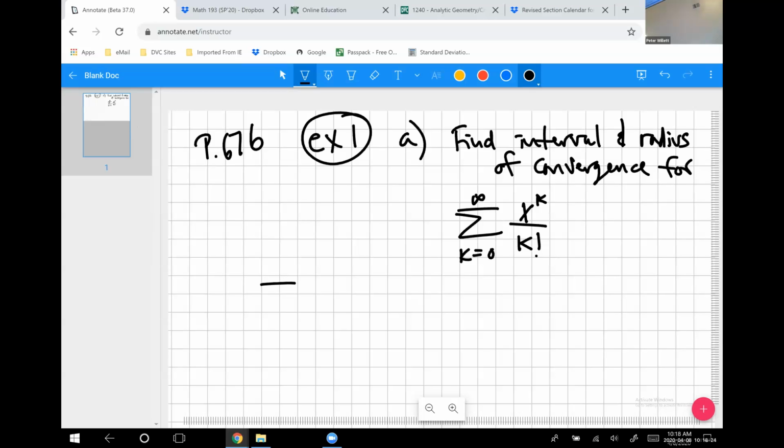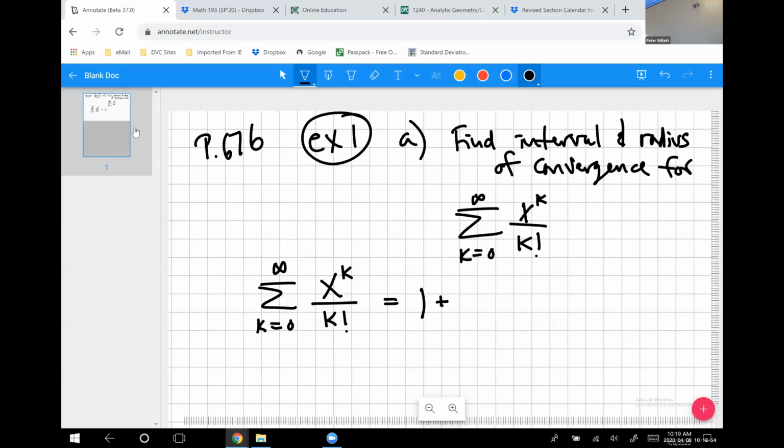First, let's look at this just to warm up to what this notation means, because I'm sure it's all still very confusing for many folks. And as always, one of the ways to try to do that is to write out some of the terms. So what does this series look like? When k is 0, x to the 0 is in the numerator, which is a 1, and 0 factorial is defined as 1, so our first term is 1.